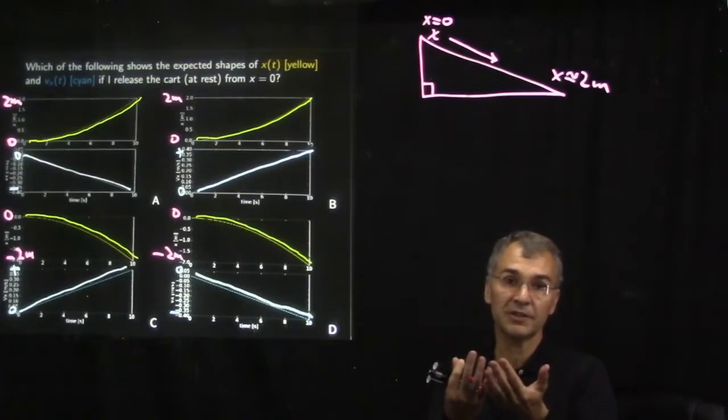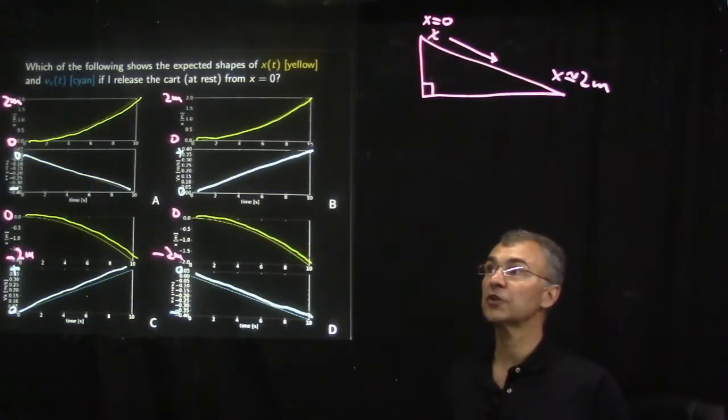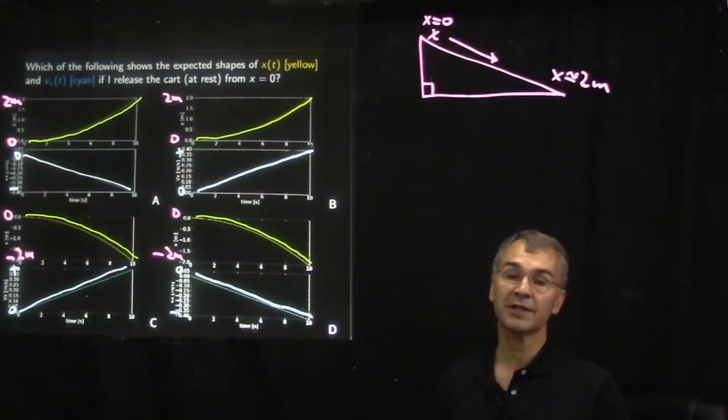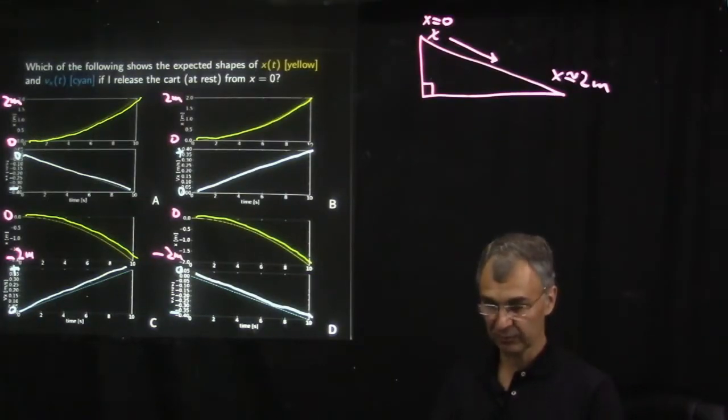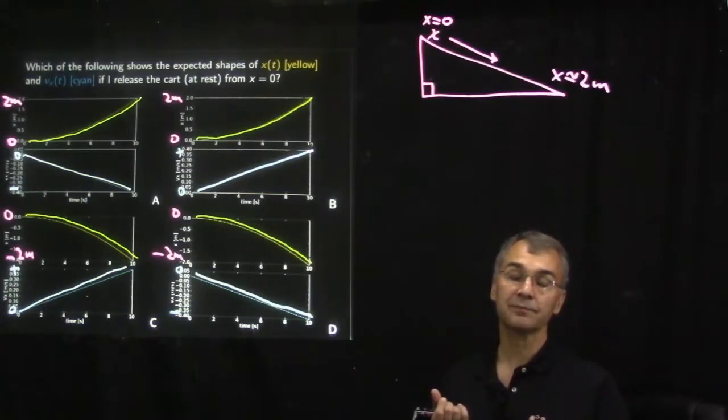So initially the speed is 0, and then it accelerates downhill. So what do you expect x as a function of time to look like, and what do you expect v sub x as a function of time to look like? So I guess I expect x to start at 0 and then to wind up near x equals 2 meters.